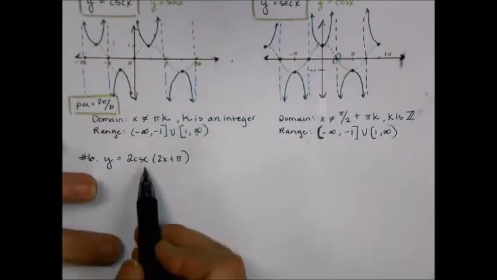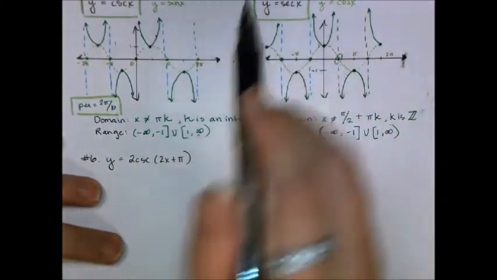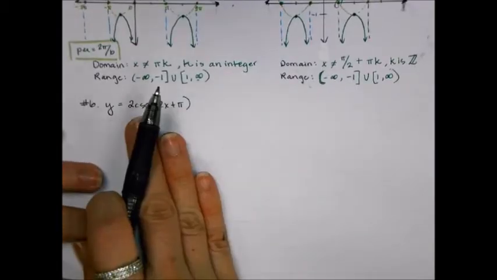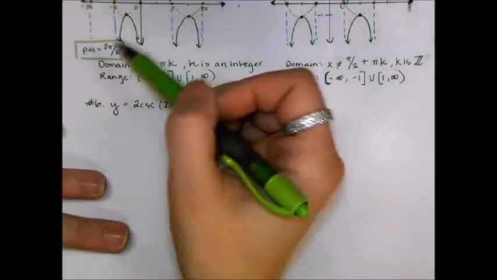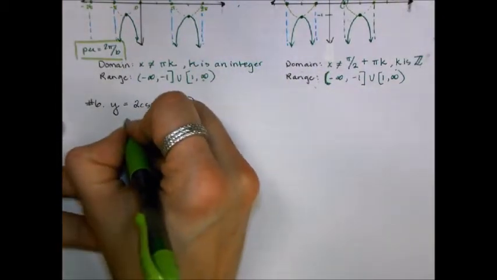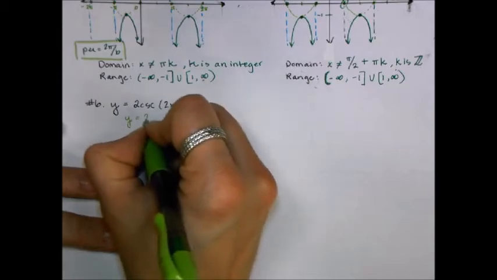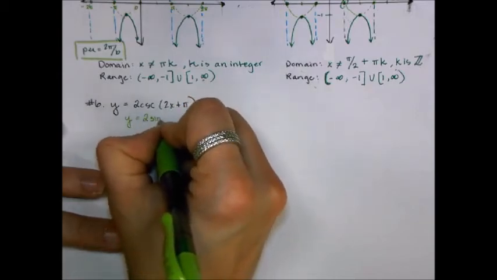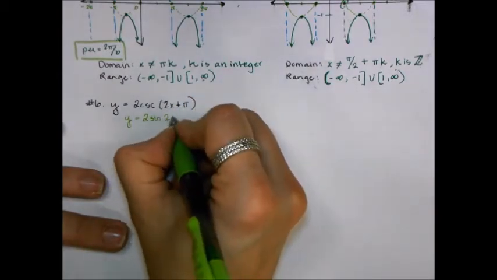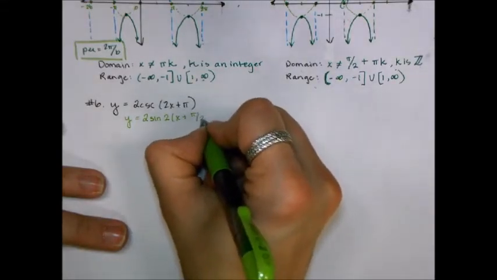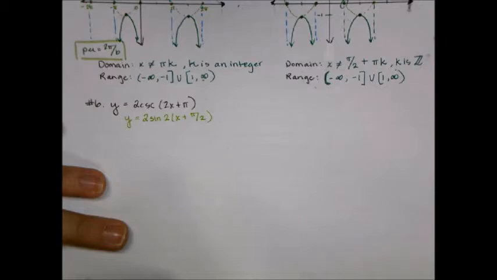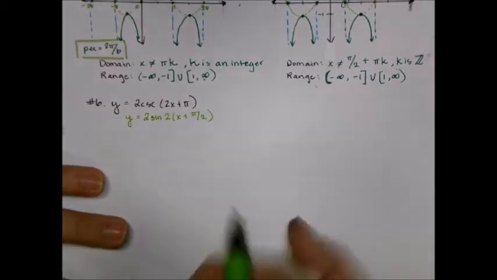So I'm going to switch over to sine and draw that in either lightly color or another color to use. So we'll start with 2 sine. We'll factor out this 2, leaving x plus pi over 2. So remember, that allows us to see that the translation is pi over 2 units to the left.